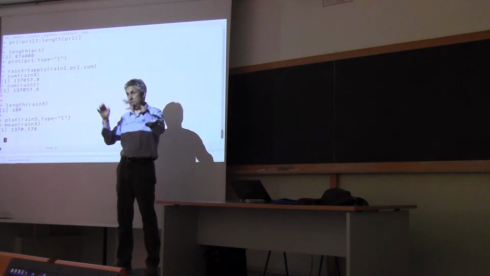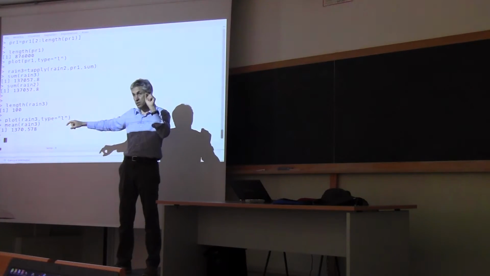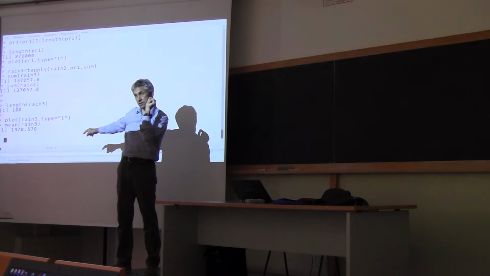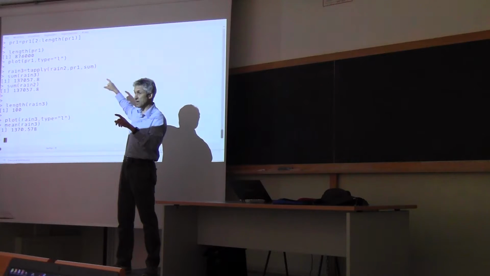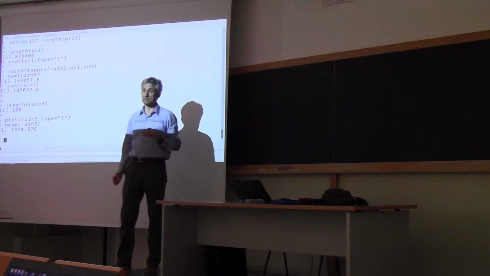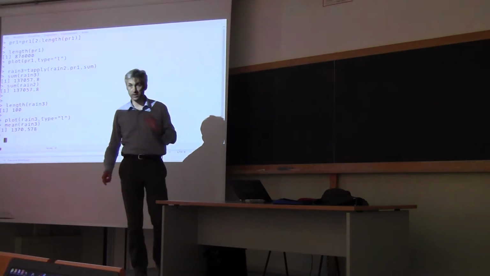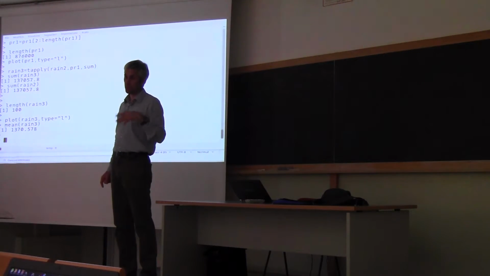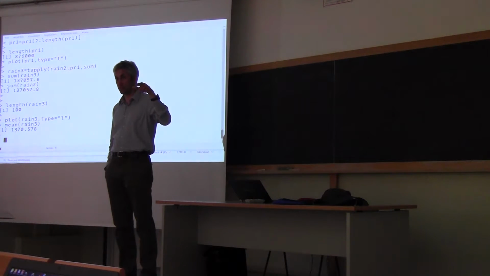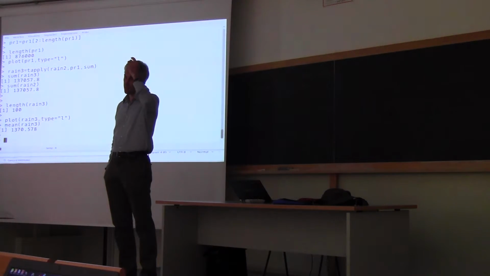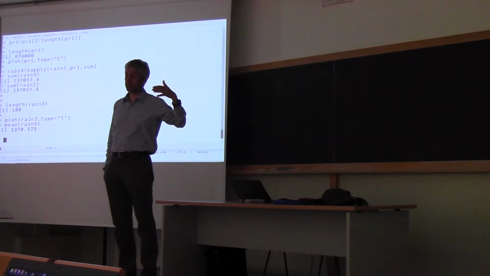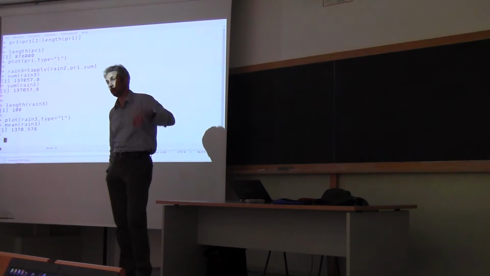You could mix these indexes, and apply looks at PR1 and gets all the indexes that have equal values, wherever they are displaced, and applies the function sum to the corresponding elements of rain 2. So it's very useful. Also for computing the seasonal component, you understand that it's very useful, because you may assign to each data an index from 1 to 365, and then compute the average over all the data collected on the 1st of January, 2nd of January, etc.